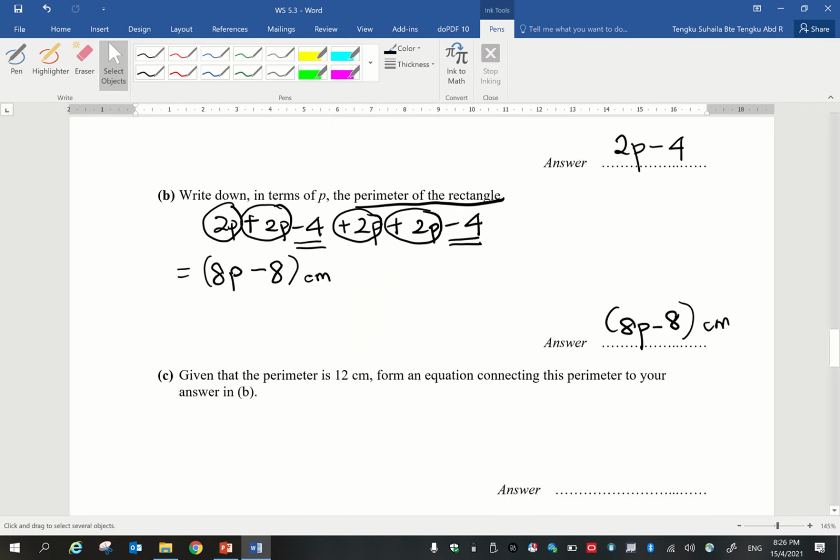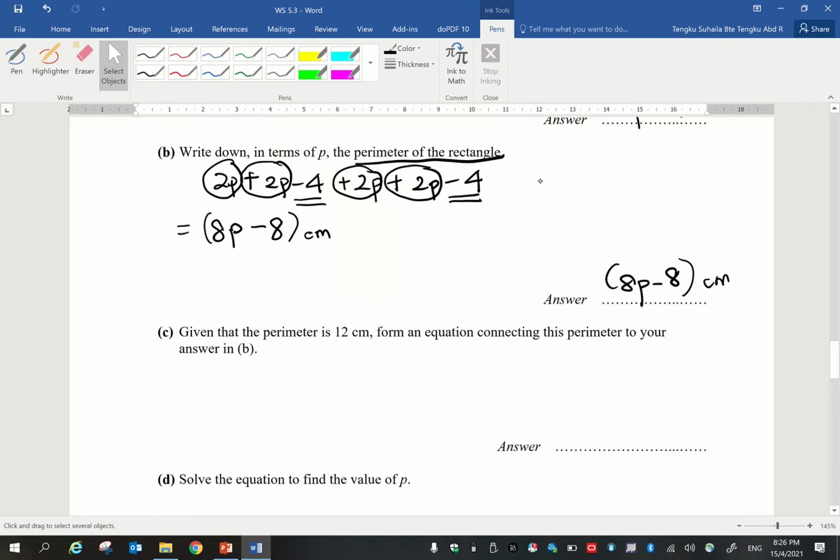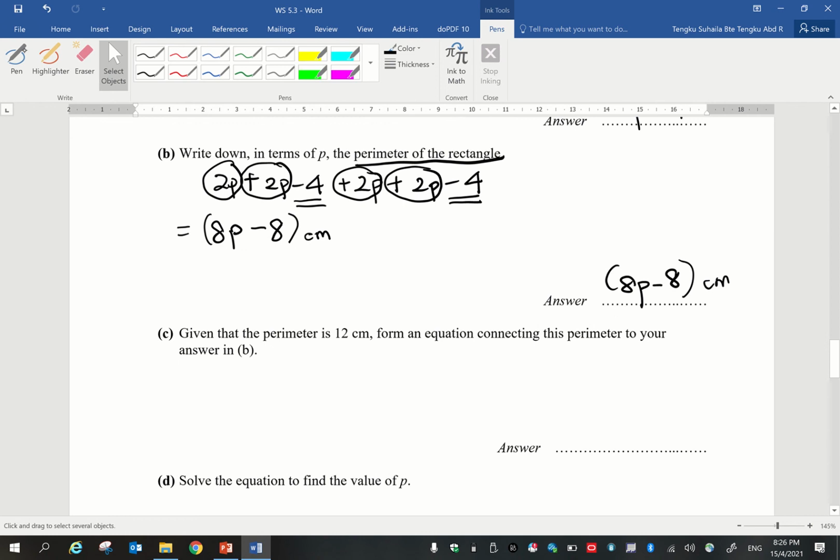Now let's look at the next part. Given that the perimeter is 12 centimeters, form an equation. So we're supposed to form an equation connecting this perimeter to your answer in part B. Both are talking about the same perimeter of the same rectangle, so they both must be the same.